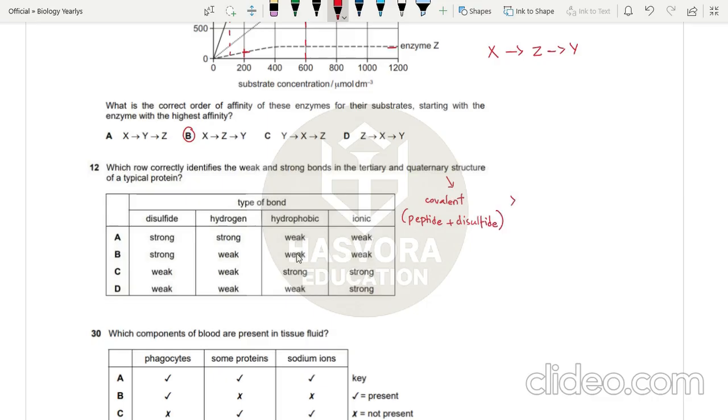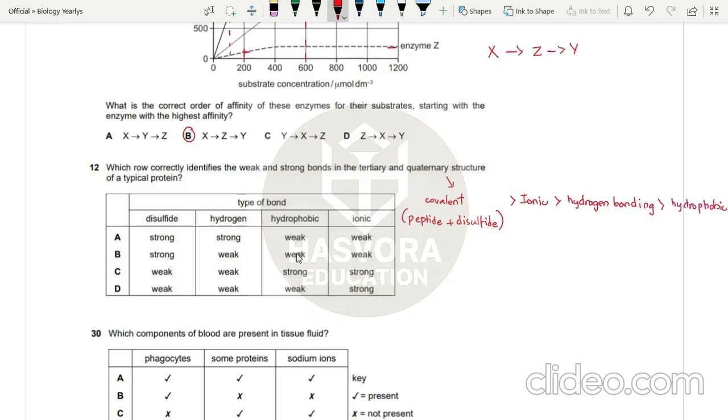They are stronger than the ionic bonding. Covalent is stronger than ionic, which is stronger than hydrogen bonding, and hydrogen bonding is stronger than hydrophobic interactions.